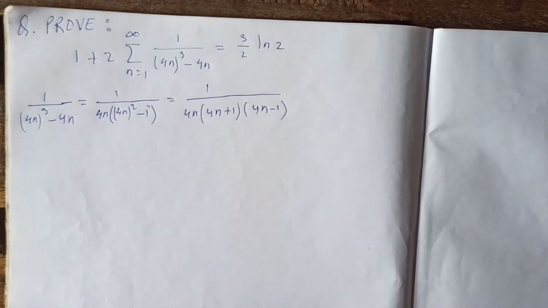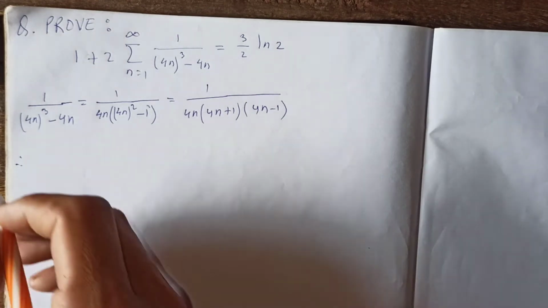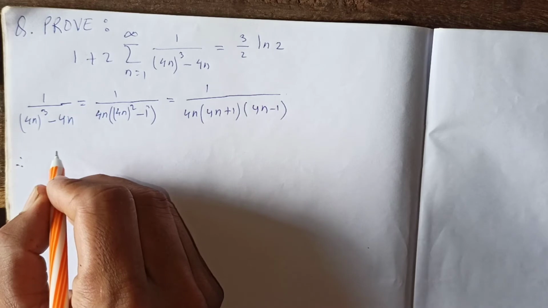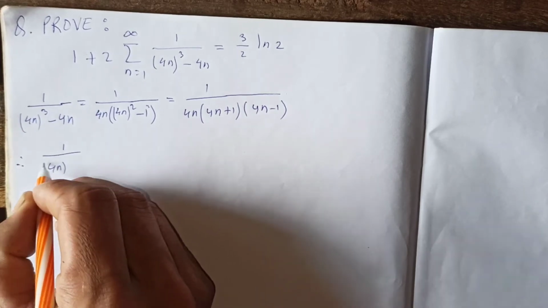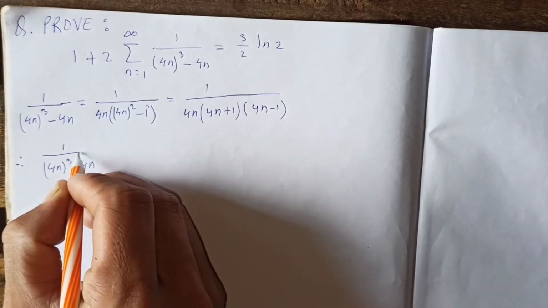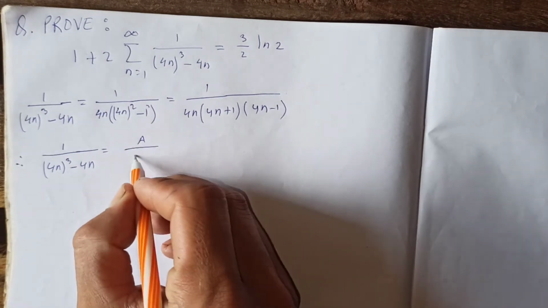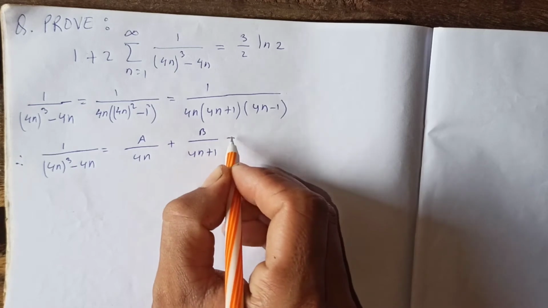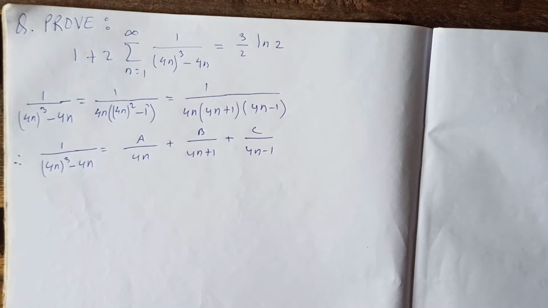Now we are going to use our partial fraction. Let me show the partial fraction part. So 1 over 4n cubed minus 4n is equal to a over 4n plus b over 4n plus 1 plus c over 4n minus 1. Now we are going to find a, b, c.